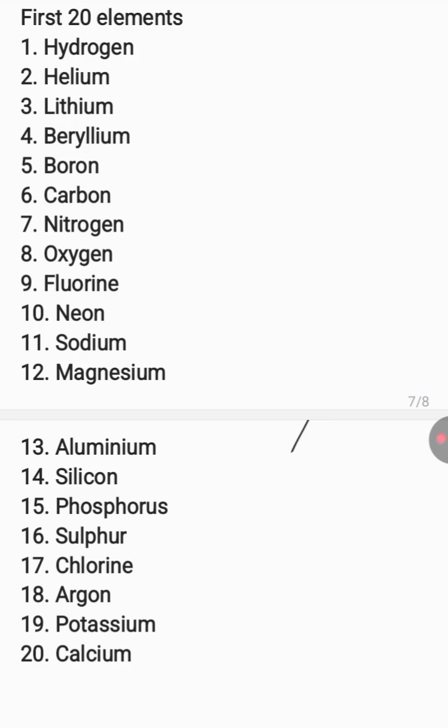These are the first 20 chemical elements.